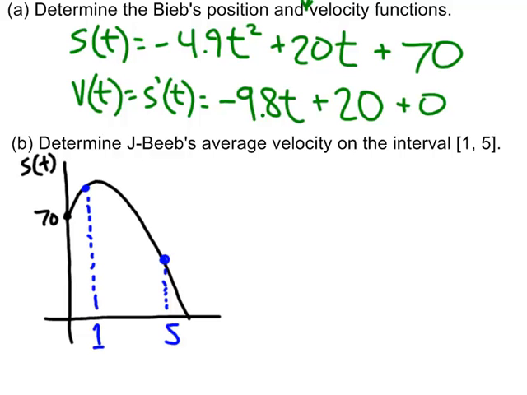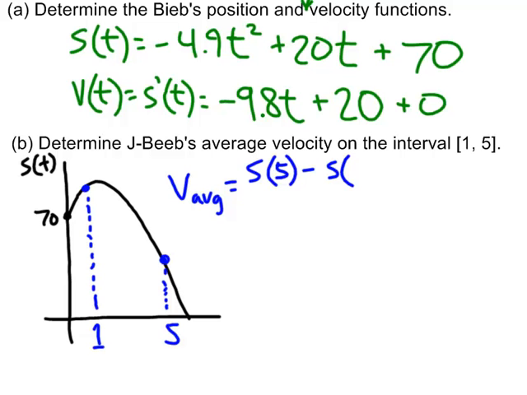Remember, average velocity, as I said on the previous slide, was final position minus initial position over final time minus initial time. I should amend that here. Since we're working on an interval from 1 to 5, I won't refer to these as initial and final times, but I will say that it's the position at 5 seconds minus the position at 1 second.